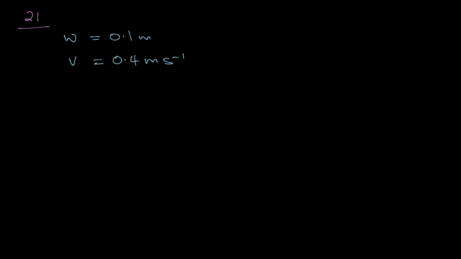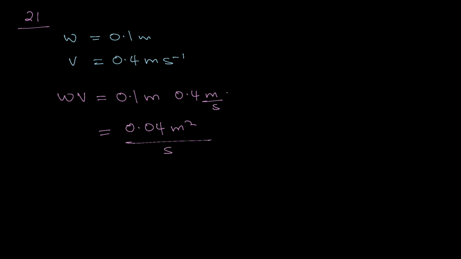So to get a square meter, we can work out that the width times v will be 0.1 meter times 0.4 meter per second, and that would be 0.04 meters squared per second. And that implies that the area here is 0.04 meter squared in 1 second.